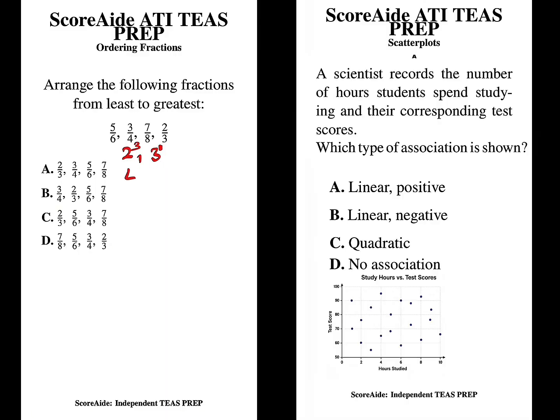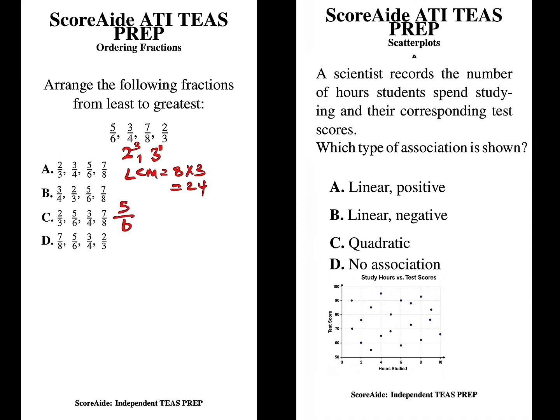So the LCM here is going to be 8, which is 2 to the power 3, times 3, equal to 24. So all we're going to do is convert the denominators of these fractions to 24, so that the denominators are the same, right?